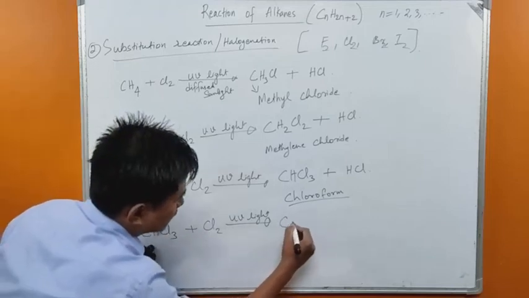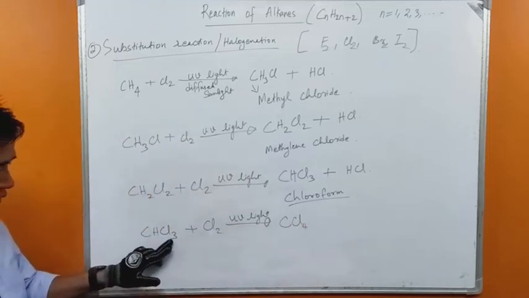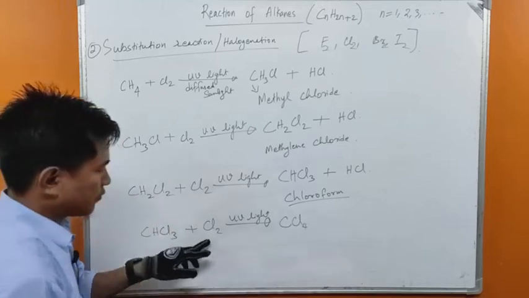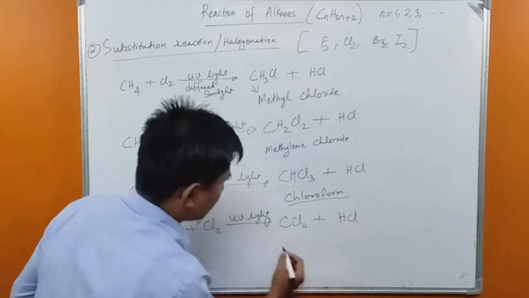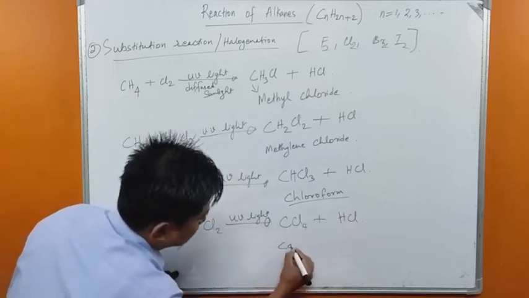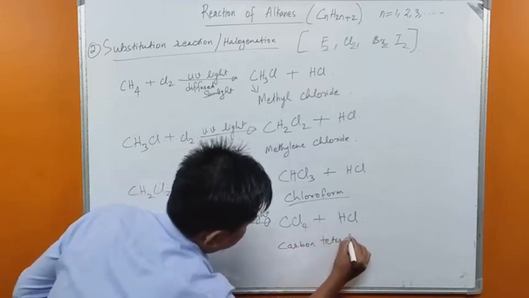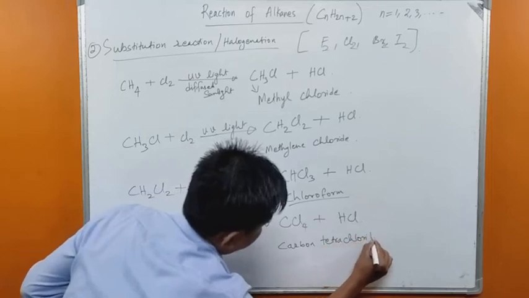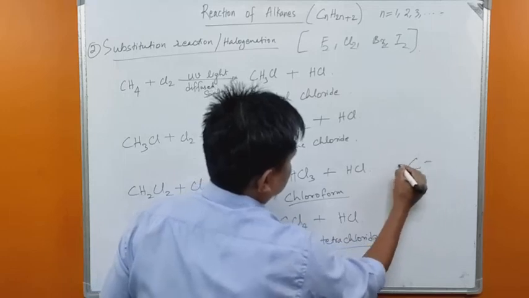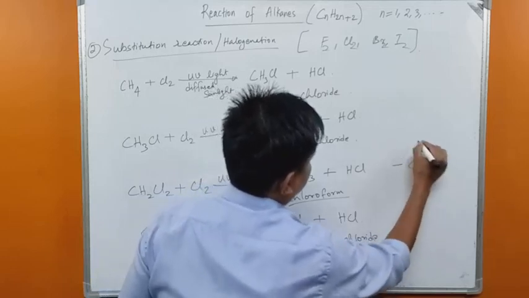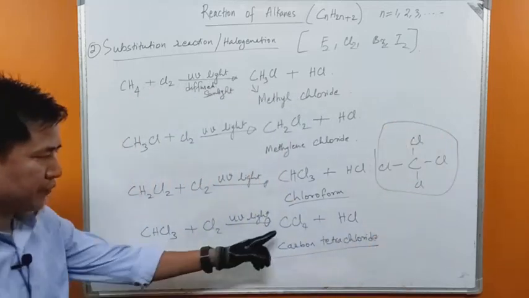Now we will have CCl4, plus this chlorine plus one hydrogen combines to form HCl. So this is carbon tetrachloride, CCl4. Structural formula is carbon with Cl, Cl, Cl, Cl, carbon tetrachloride, CCl4.